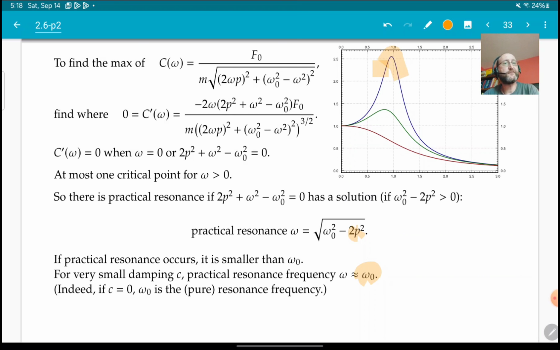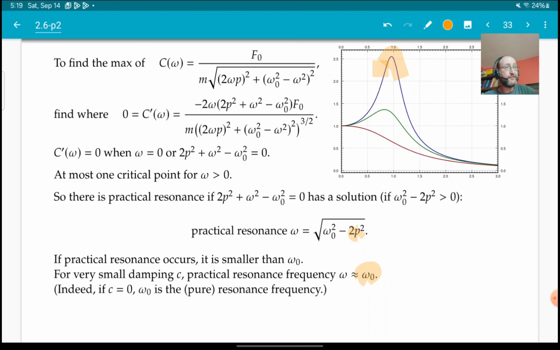For small c, this practical resonance frequency was actually quite close to 1, which is what omega naught was. And in fact, think about what's happening as c goes to 0. Again, it still makes sense: if c goes to 0, then omega naught is the pure resonance frequency.